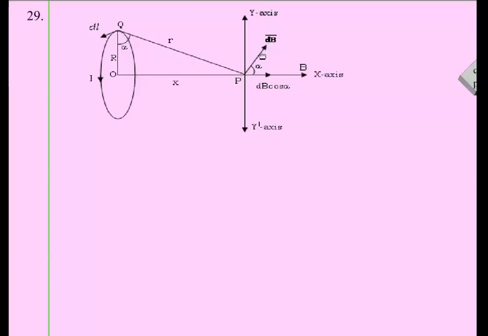This is dB. This angle is alpha. Therefore this angle is also alpha. Now the component of this dB along this x-axis is given by dB cos alpha in this direction. Along y-axis it is dB sin alpha, but we need only magnetic field along x-axis because y components get cancelled.